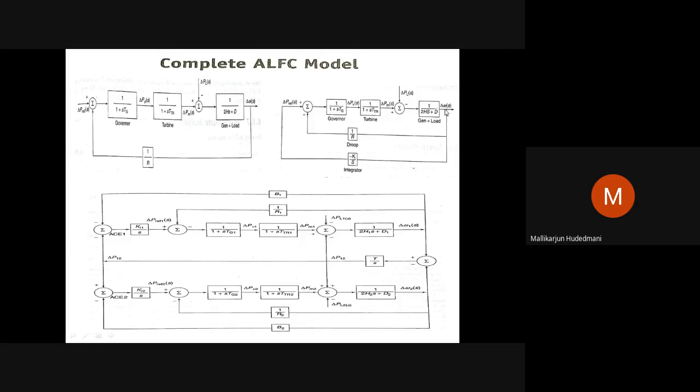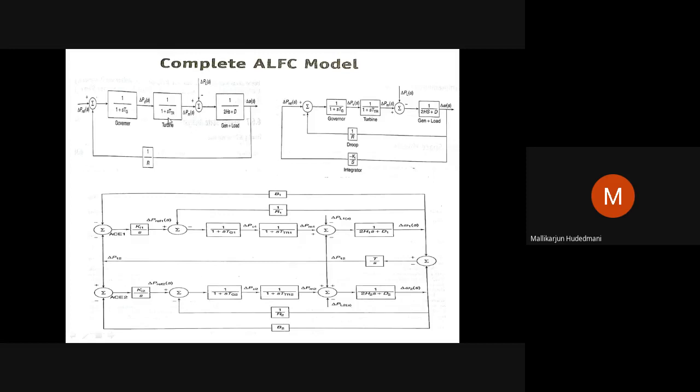Integral controller is taken. This is the integral of the error amplified with the gain and integrated, and that is fed as an input to control the set point of the governor. Governor's reference point is modified, so that the modified governor reference point will act with the governor to control the input supplement to the turbine to see to it that the deviation is arrested to 0.